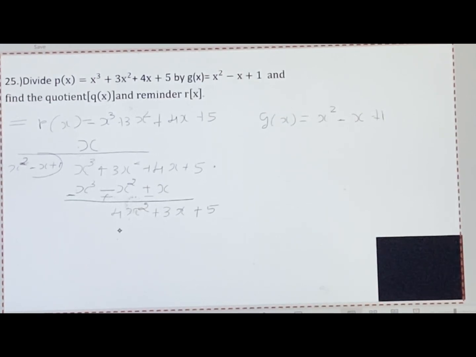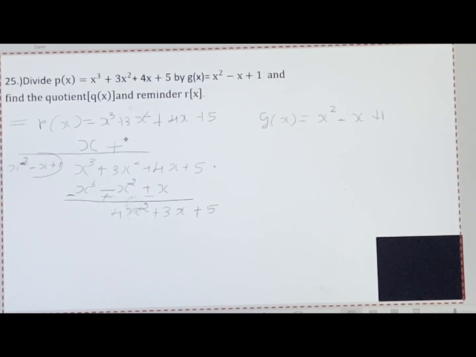Now in the dividend we have 4x square and in the divisor we have x square. So what do we multiply to get 4x square? So x square into 4 is nothing but 4x square. So in the quotient I'll write plus 4.